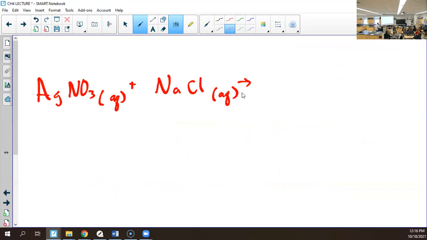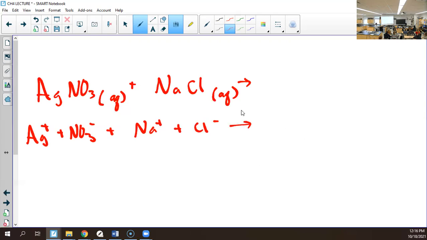What this means is an aqueous solution of this is added to an aqueous solution of this. It means these things are broken up. It means I have Ag plus, NO3 minus, plus Na plus, Cl minus, and then my arrow.